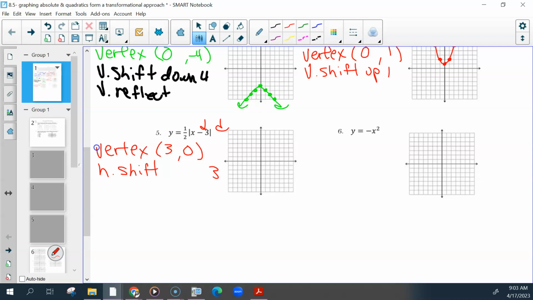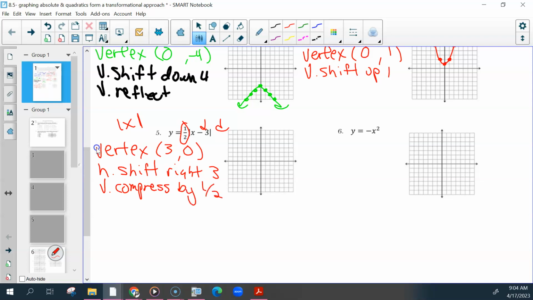Right, this is opposite. Right, but then what else happened? What else do you see changed in the function? Yes. So that 1/2 on the outside, we're going to vertically compress by 1/2.